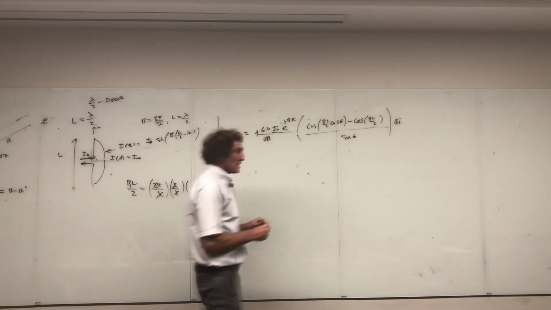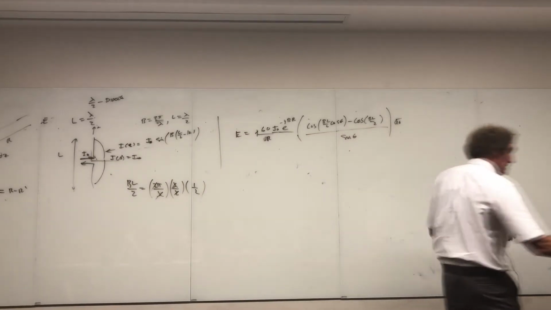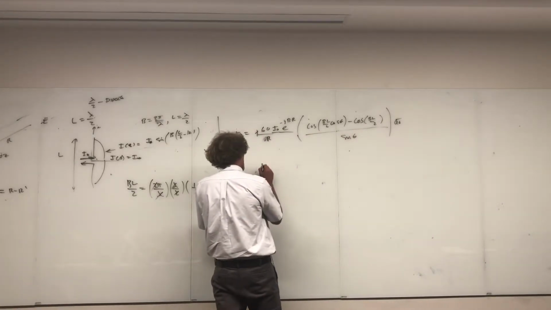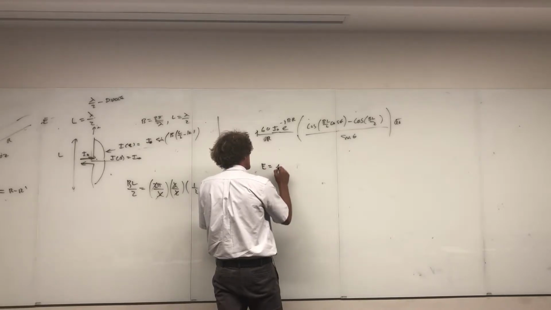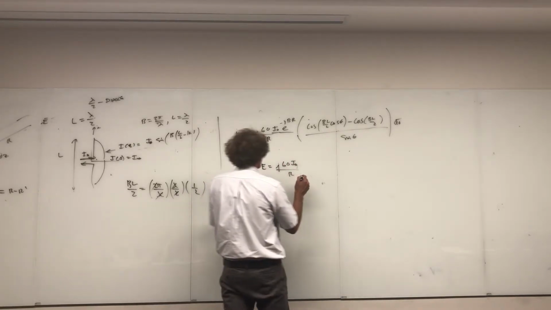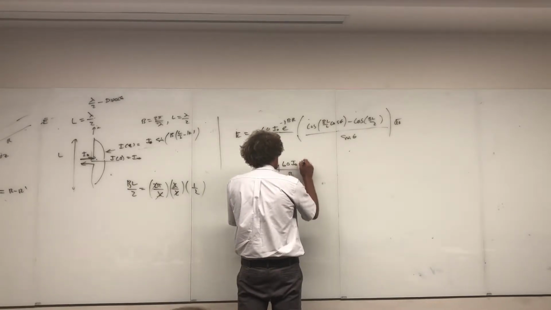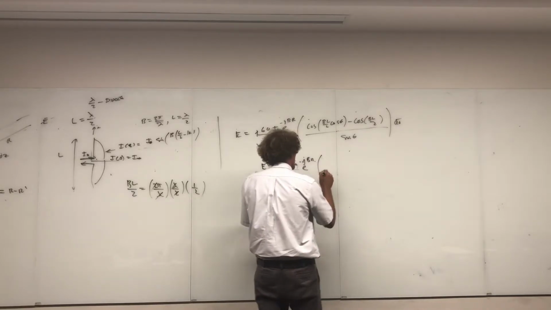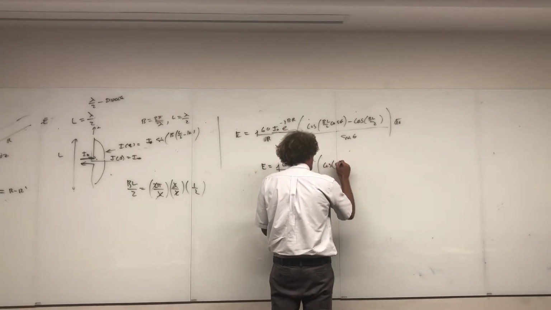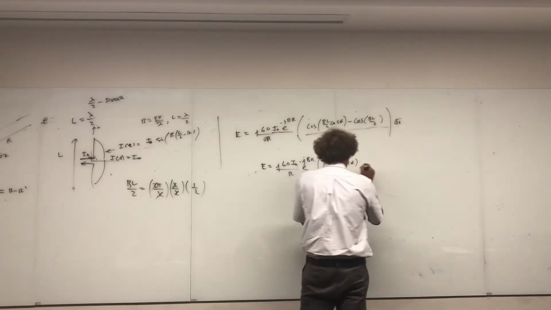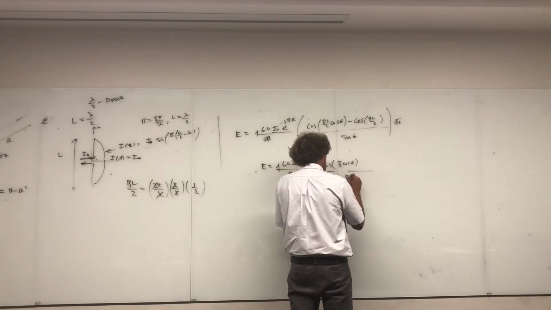So that means for this thing, E will be given as j60 I naught over R, e to the minus j beta R, and then it's cosine of pi over 2 cosine of theta over the sine of theta.